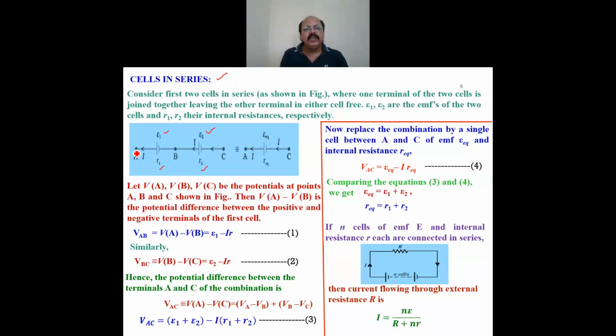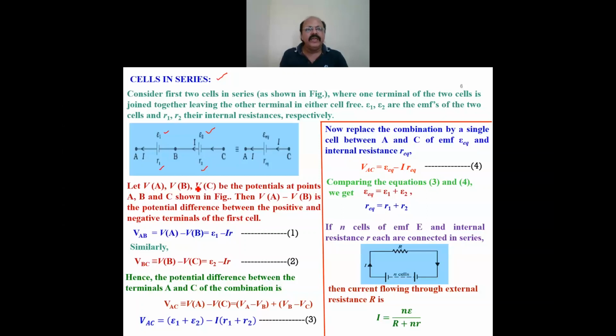Now here we have taken the three points A, B and C, and a current I is flowing through it. Let VA, VB, VC be the potentials at the points A, B, C, as you can see in the diagram. Then the potential difference between points A and B is the potential difference between the positive and negative terminals of the first cell. Similarly, the potential difference between points B and C is the potential difference between the positive and negative terminals of the second cell.